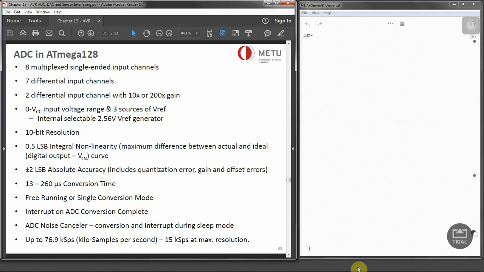And also the good thing about ATmega's ADC, it has got its own ADC noise canceller. So we can use this noise canceller to have maximum accuracy on analog to digital conversion. So let's get into the AVR now, and let's analyze these properties in detail.